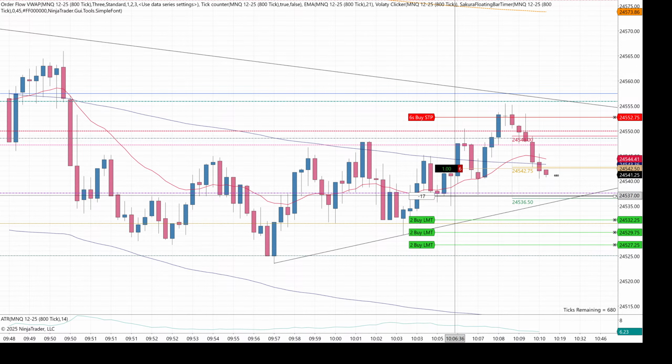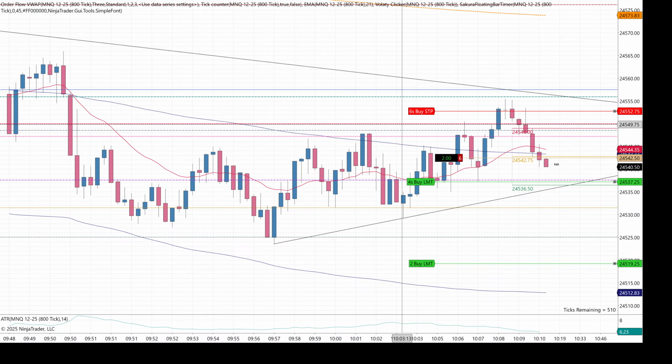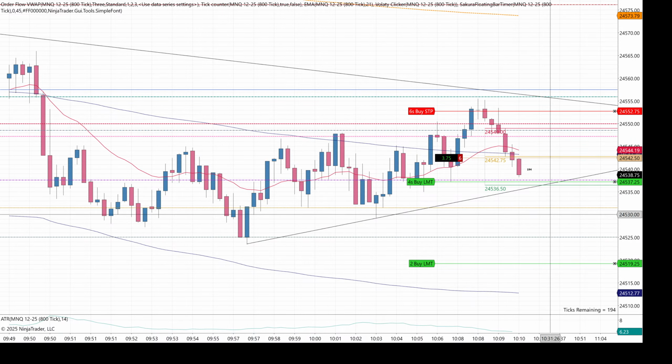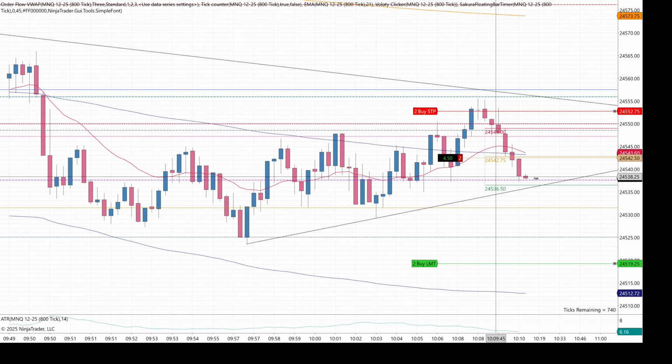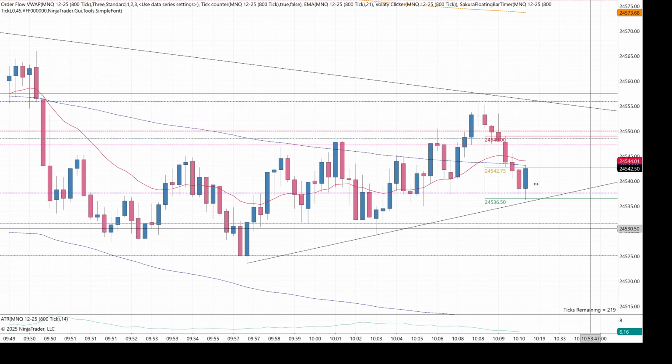Okay, we got a bearish trigger. It worked. Moving my stop loss to break even. Okay. Stop. My runner didn't go. That's okay.